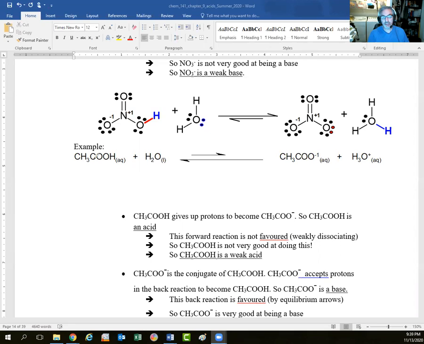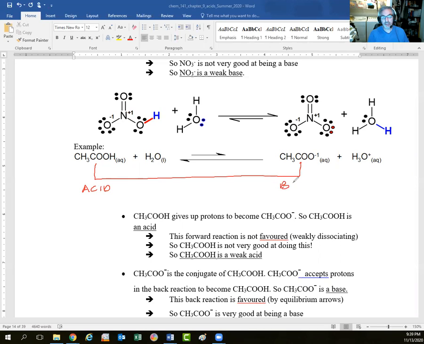If we look at a system here, we've got the acetic acid with the acetate ion. They definitely form a conjugate pair because they only differ by the presence or absence of a proton. We ask ourselves what each chemical does. In this case, it's about to give away the proton, which makes it an acid. And if we look at its conjugate, to get back to the original acid, it has to pick up a proton.